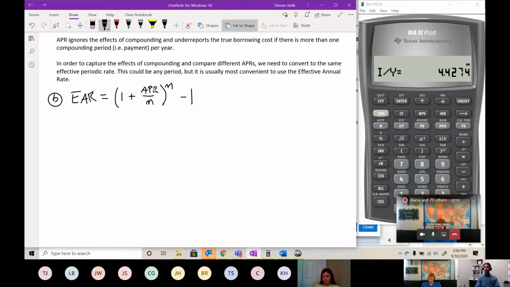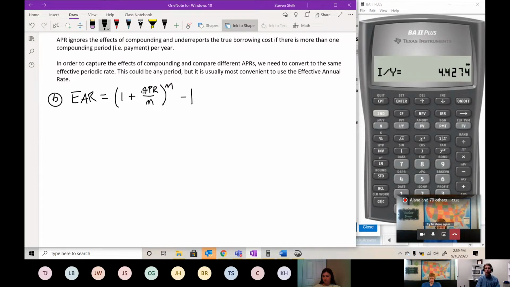So this should actually look pretty familiar. This chunk right here, the 1 plus APR over M raised to the M, looks an awful lot like the future value, time value of money equation, right? Where the future value is equal to the present value times 1 plus R raised to the N. That's exactly what's happening here. We're capturing the effects of compounding.